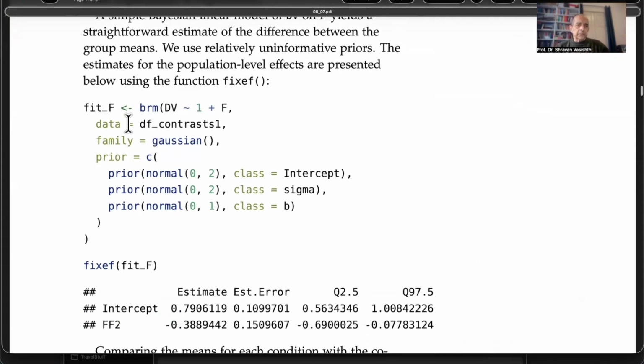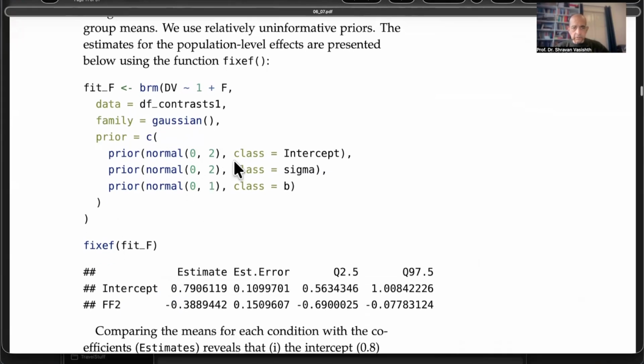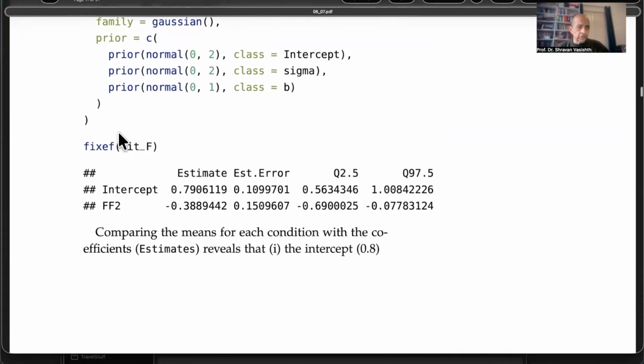So anyway, we set up a standard linear model with a Gaussian likelihood, etc., and some reasonable priors. These are not really important here because I'm talking only about the contrast coding. If you look at the fit of the fixed effects, this is about 0.8 and this is minus 0.4, so condition 2 has a mean of 0.4, and condition 1 has a mean of 0.8.